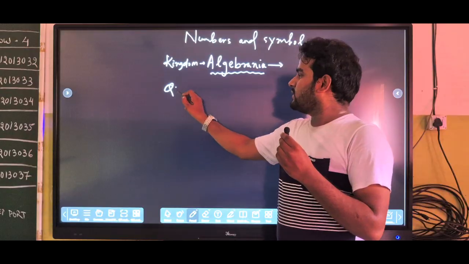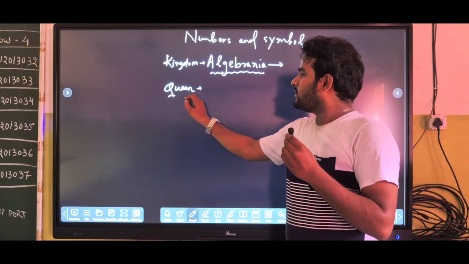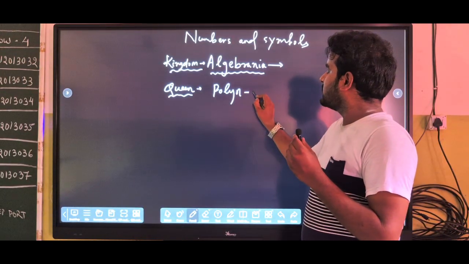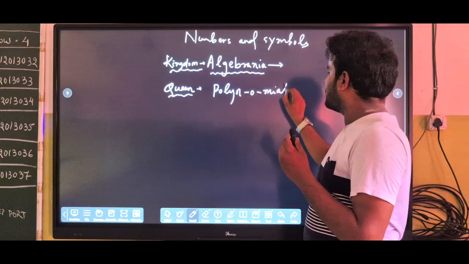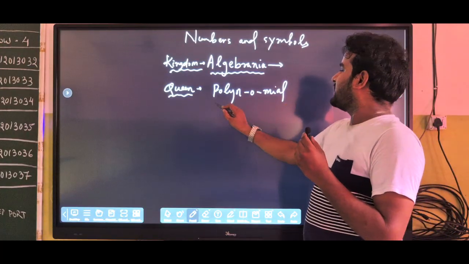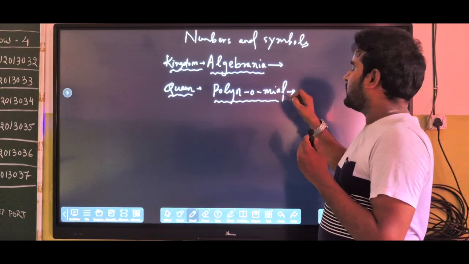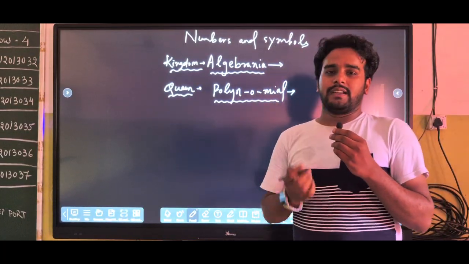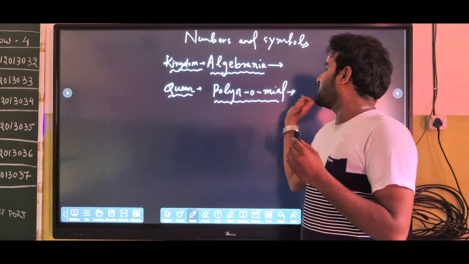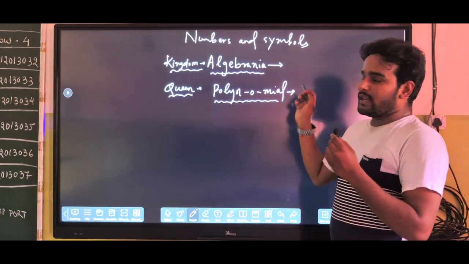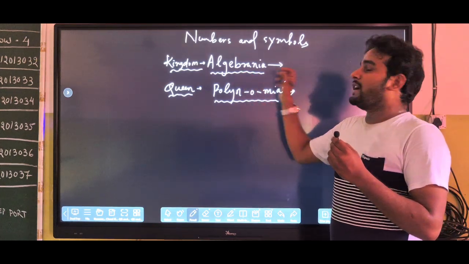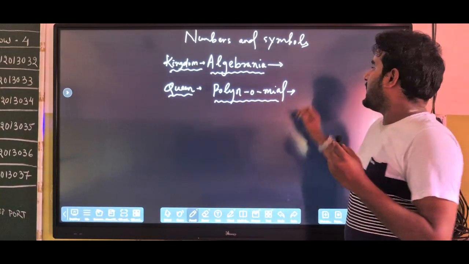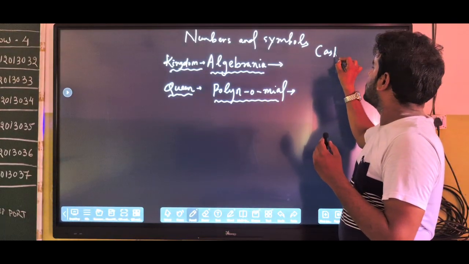The name of the queen was Pauline O'Neill. I have just divided the term, the name of the queen is Pauline O'Neill, just like Kevin O'Brien, different Irish names. So Pauline O'Neill was ruling over the kingdom Algebrania. Algebrania was the big kingdom, a part of that was polynomial, and she was living in a castle.